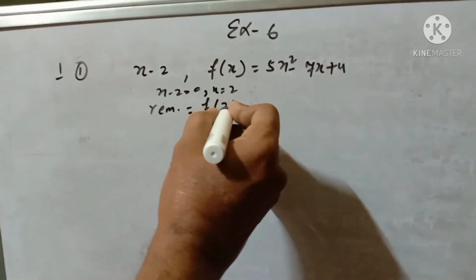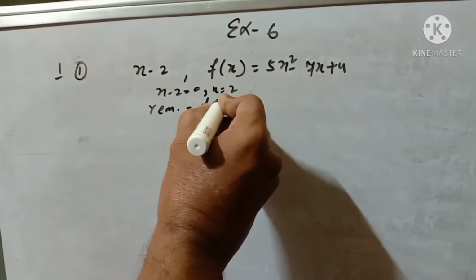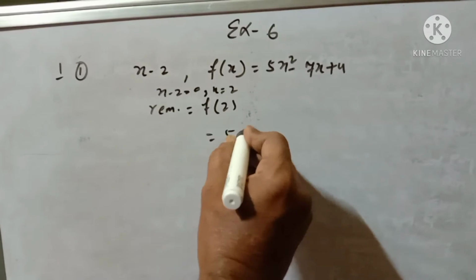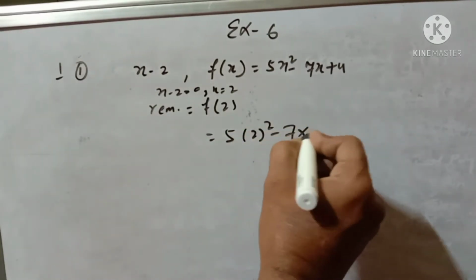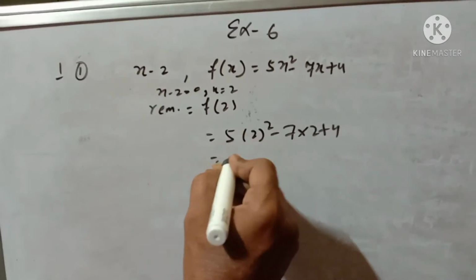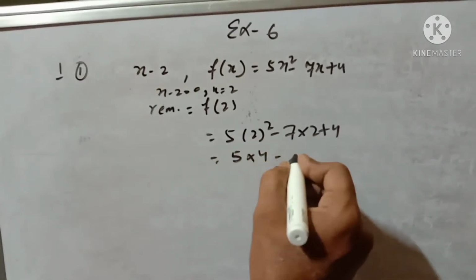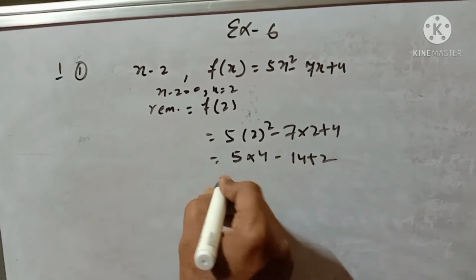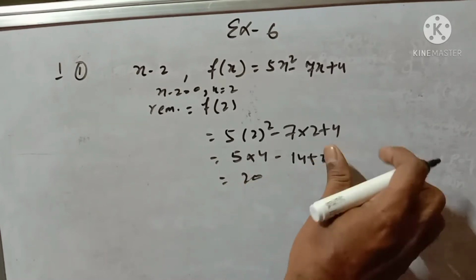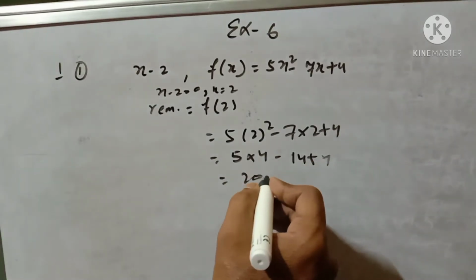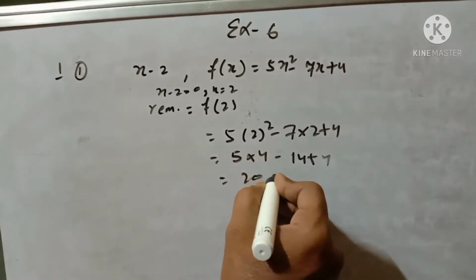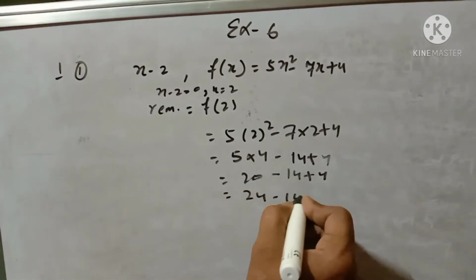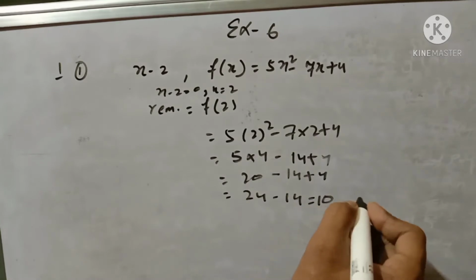So f(2) equals 5 into 2 square minus 7 into 2 plus 4, which is 5 into 4 minus 14 plus 4, so 20 minus 14 plus 4, therefore 24 minus 14 equal to 10. This is our required answer.